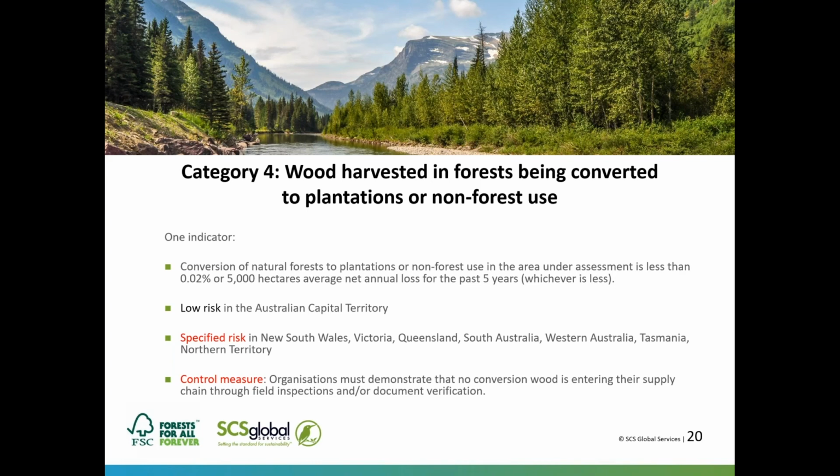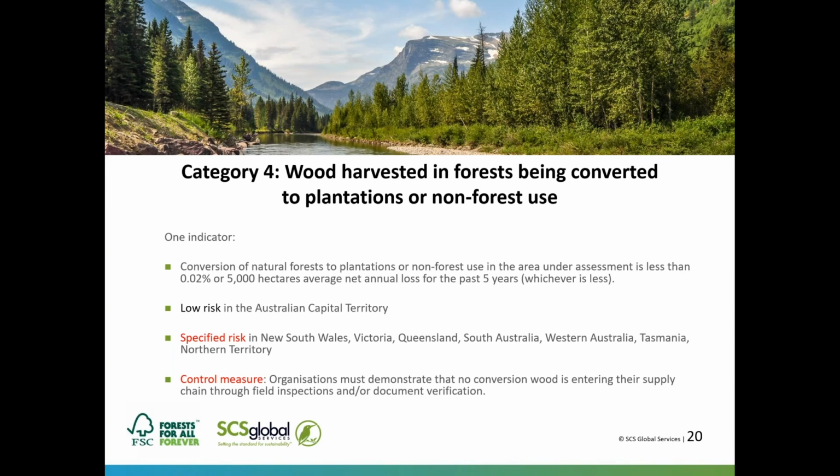But to a large degree, and especially in Queensland, Victoria, New South Wales, it has to do with the more relaxed laws around land clearing, where land clearing is quite rampant in certain places, and it is highly likely that timber derived from clearing of private forests will enter the supply chain. So obviously, as someone sourcing from these areas, your role is to mitigate the risk of this land clearing timber entering your supply chain.